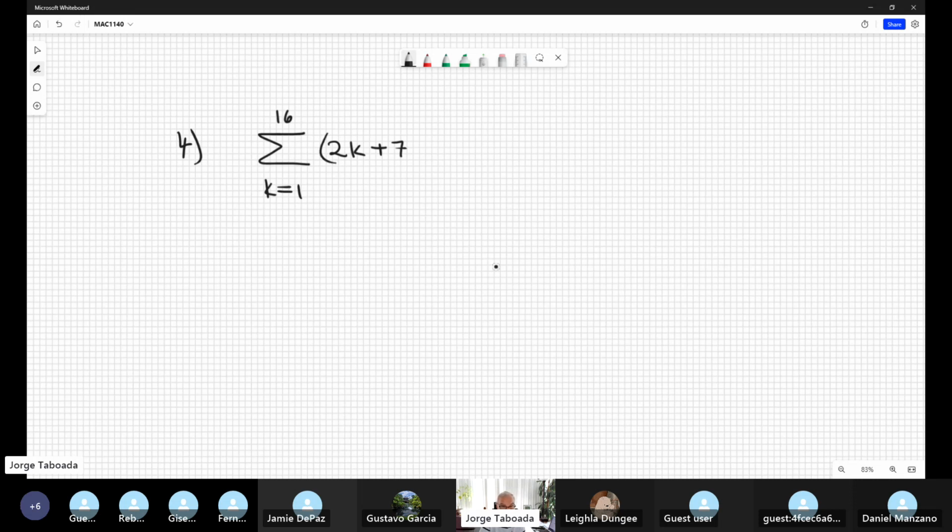If you want to put a parenthesis, you can indicate the argument for the summation notation. However, immediately I apply the property. The property says that you can separate into two summations. Plus in between, this plus is this plus. Here we have 7, and here we have 2k.